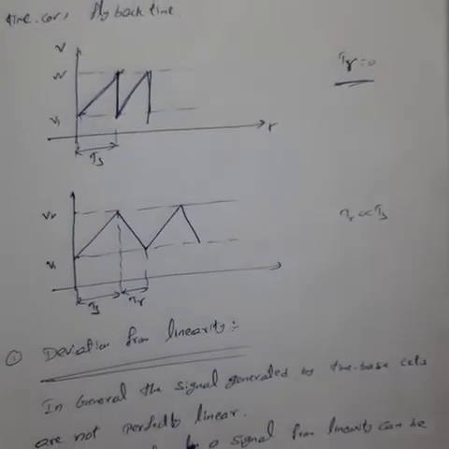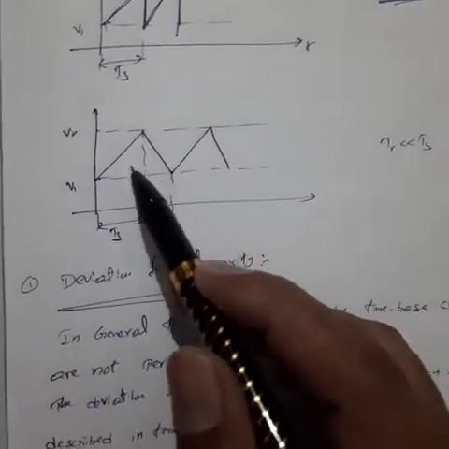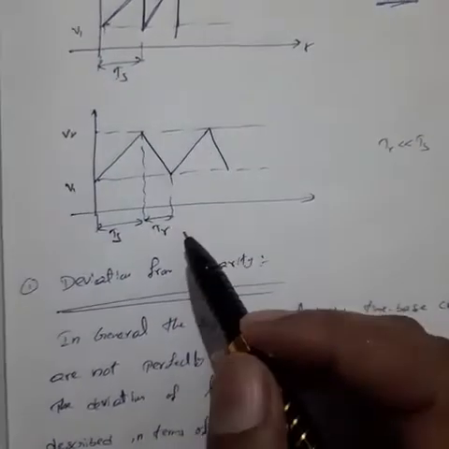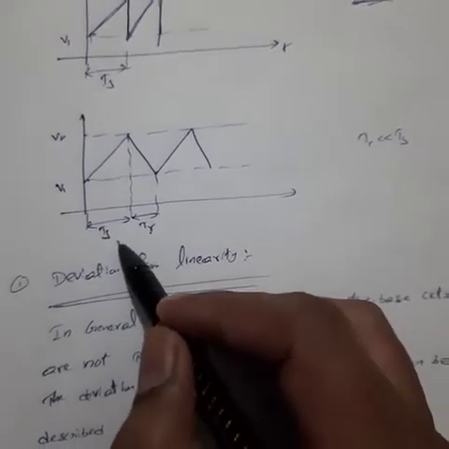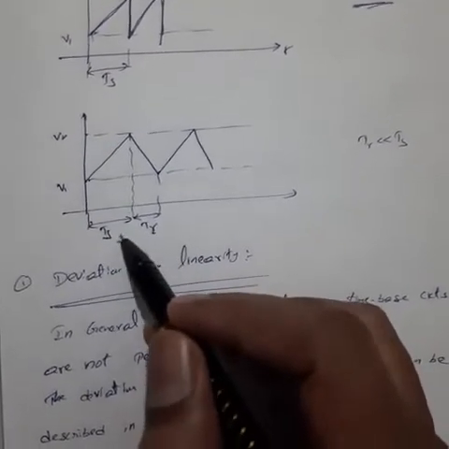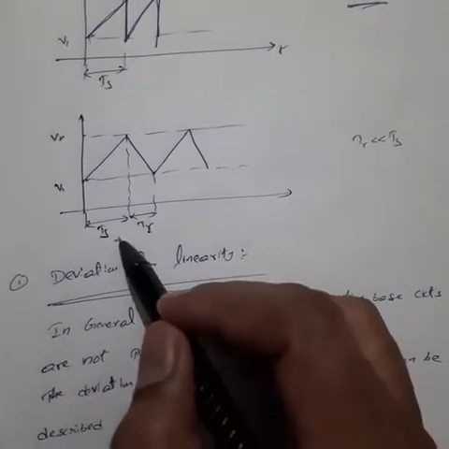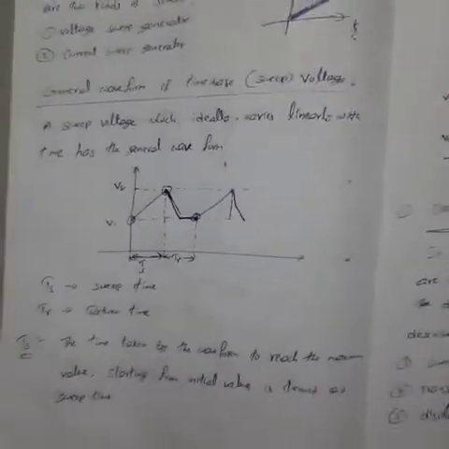So TR equals 0 in this case. Next, let us consider the triangular waveform. It has TR, and TR is less than Ts. For this particular case, TR is very much less than Ts. This is the general time-based waveform.